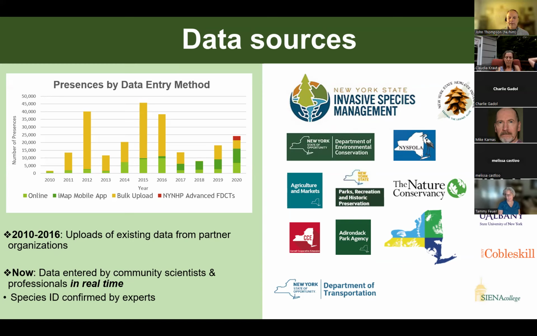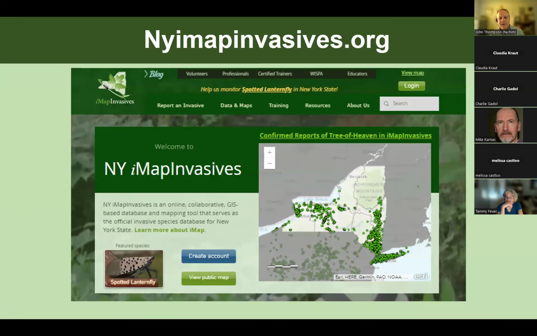On the right side of this slide, you can see there are a lot of partners involved in iMap Invasives in New York State, but the most important partner is you. Because you're out there, you have the opportunity to collect this data, and we hope you would spend a few minutes collecting it in different parts of the Catskills that we don't get to very often.